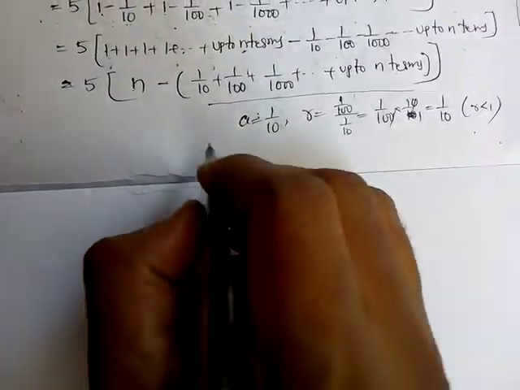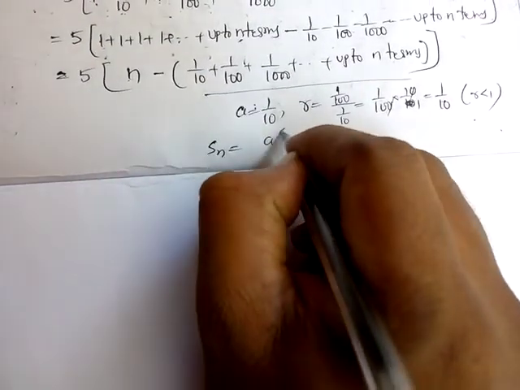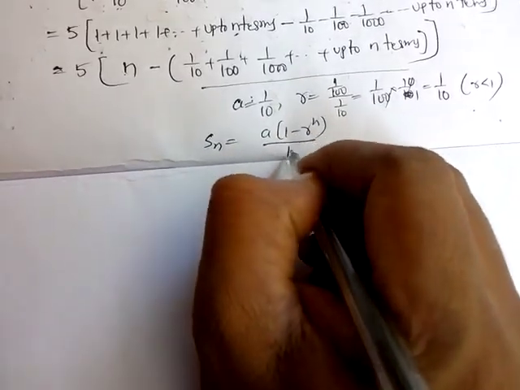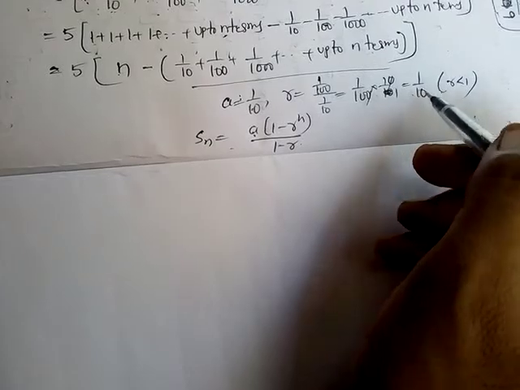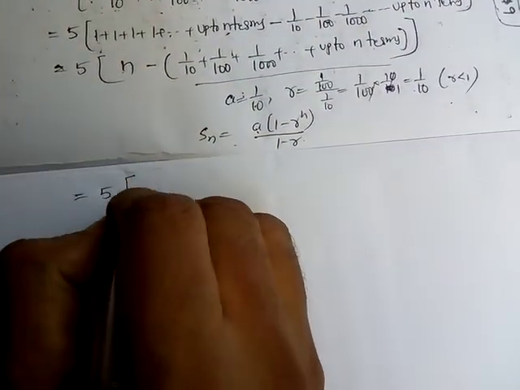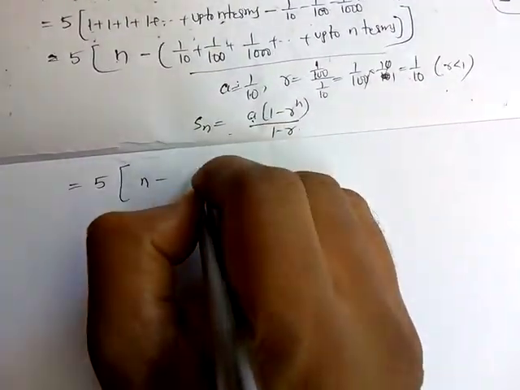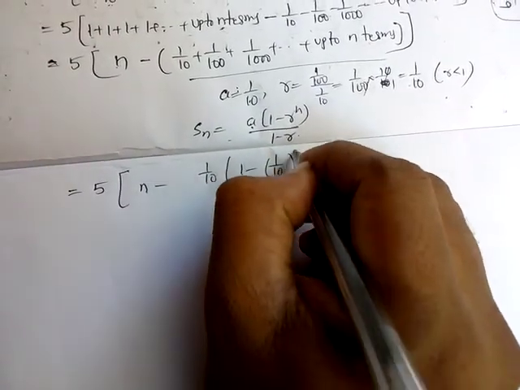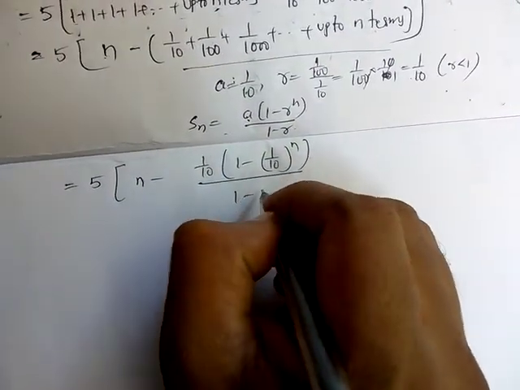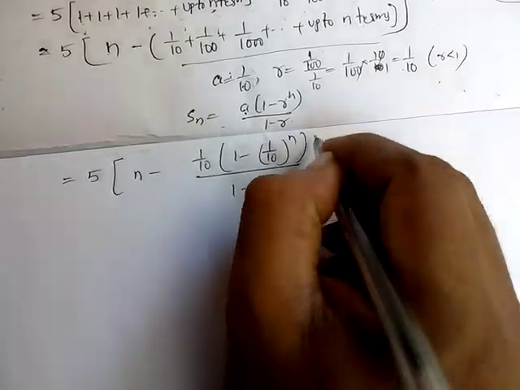So what is the formula? Sn is equal to A into 1 minus R to the power of n by 1 minus R. So apply this formula. A is equal to 1 by 10, R value also 1 by 10. So 5 of n minus A, 1 by 10 into 1 minus 1 by 10 to the power of n by 1 minus 1 by 10.